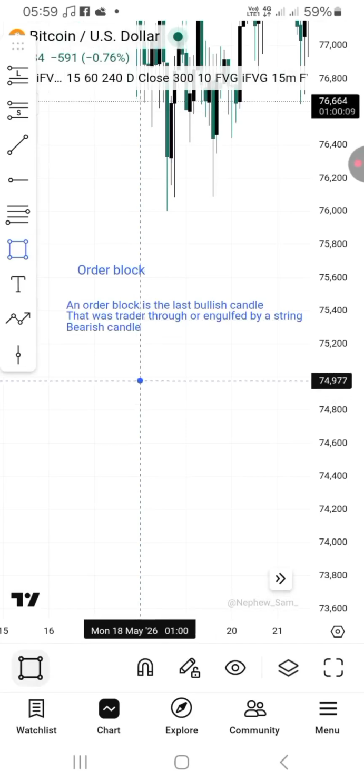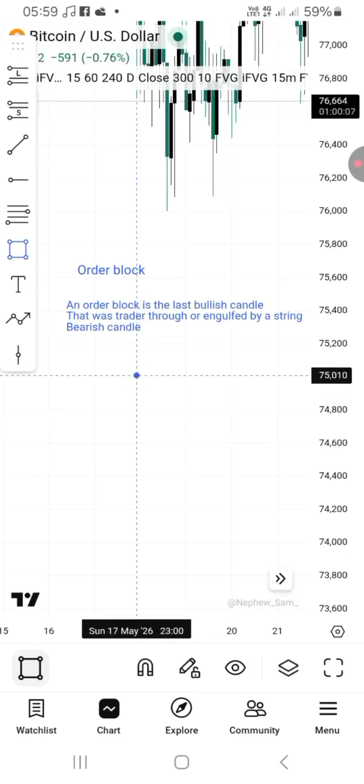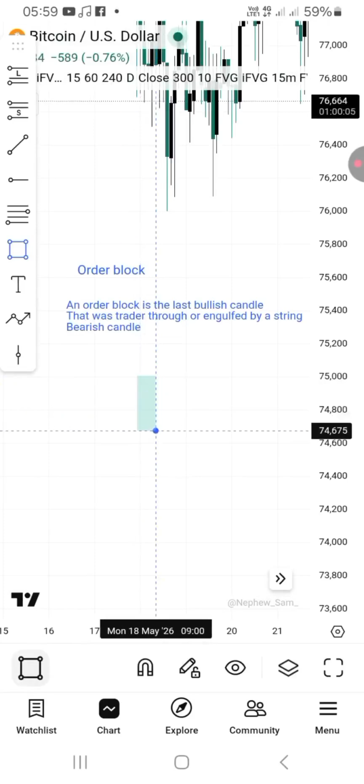Let me draw what we are talking about so you understand. In a bearish market, an order block looks like this. Very, very easy to identify.